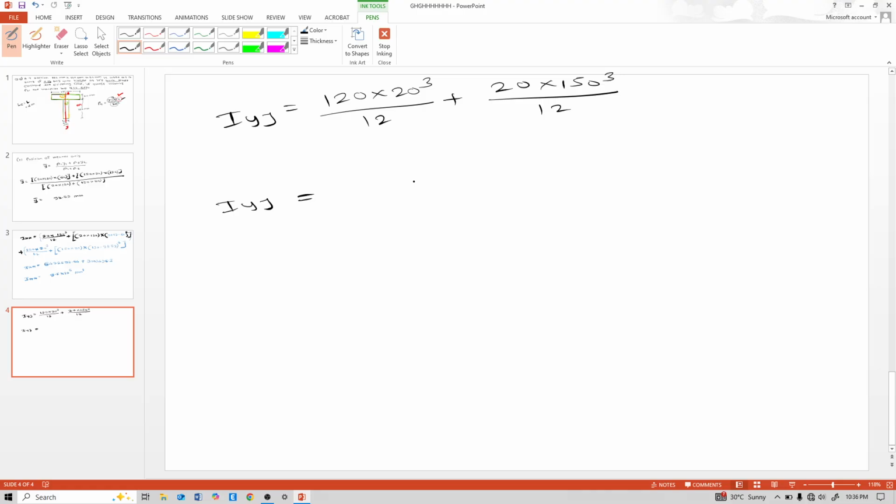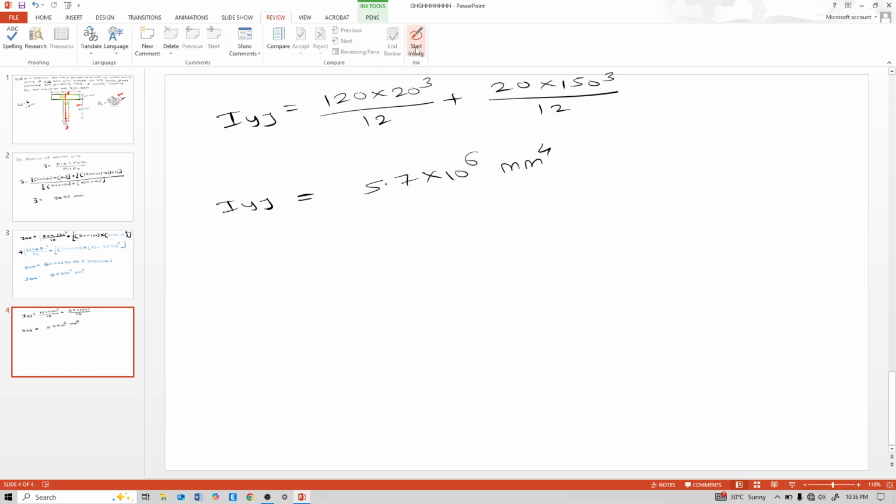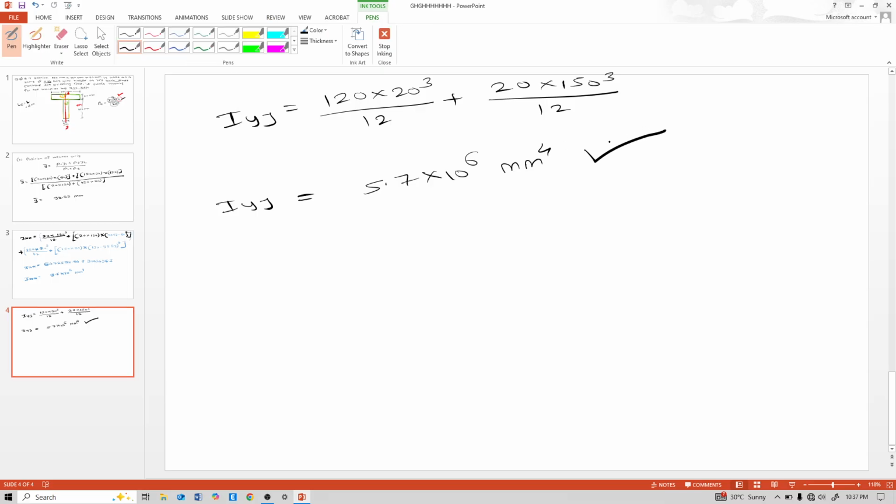It is 5.7 into 10 raised to 6 mm raised to 4. So focus on which is least, Iyy or Ixx. Iyy is least, so consider this Iyy for the design.